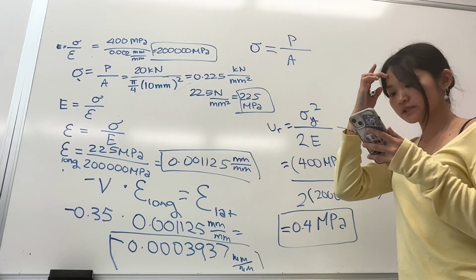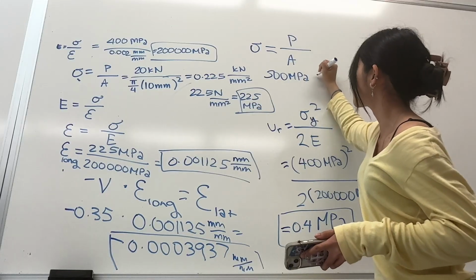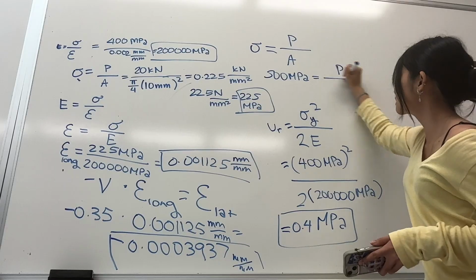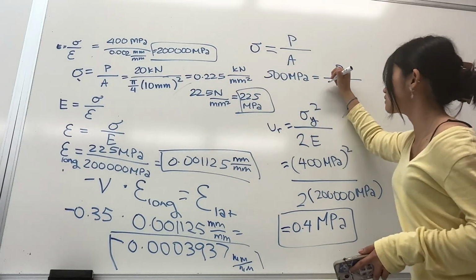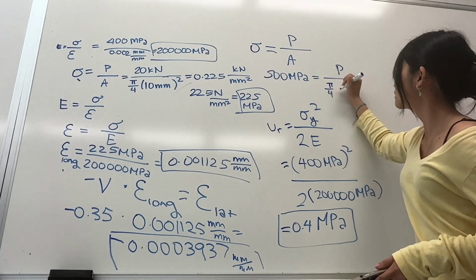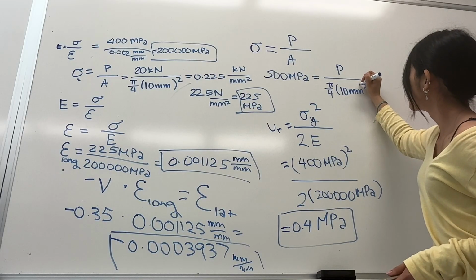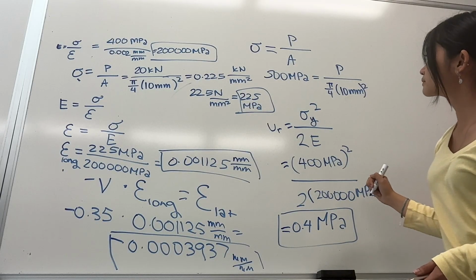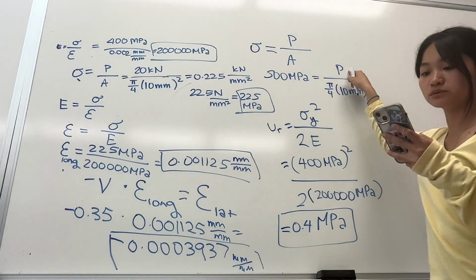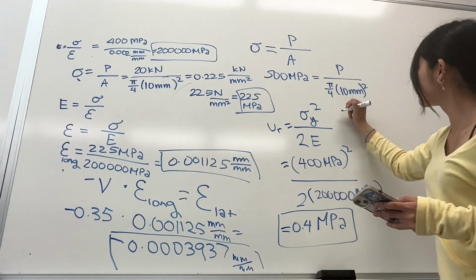So we can get 500,000 megapascals equals P, which we're missing, over area. So we have pi over 4 10 millimeters squared. So that's our area. So using this, we can solve for P, which would be our maximum tensile force. It's getting kind of confusing.